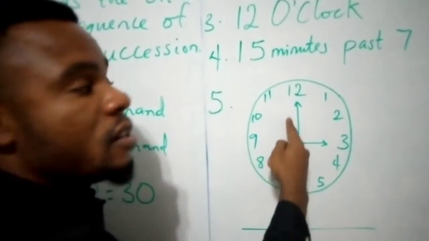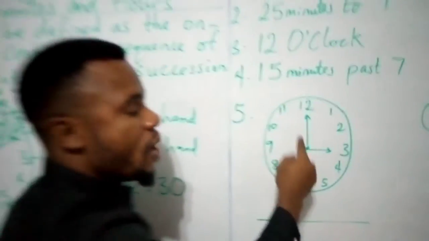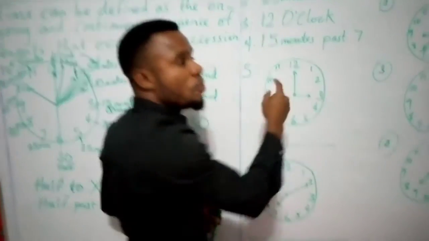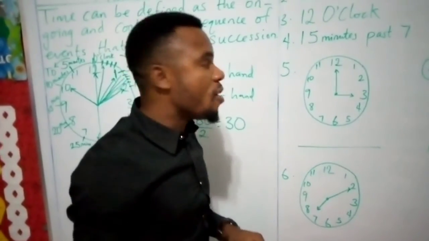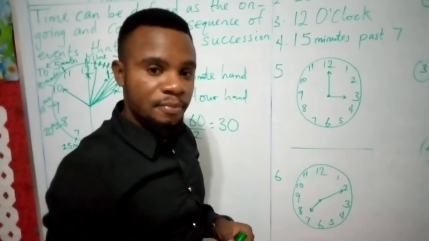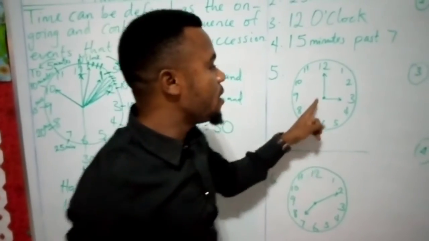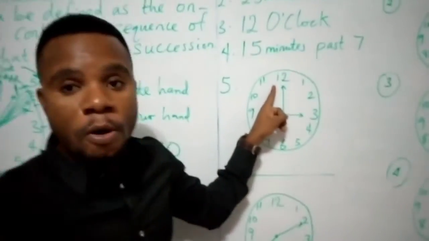So the long end here is pointing out where? 12. Good. So whenever minute end points at 12, what is it? You say 60 minutes or you say what? O'clock. Good. We said whenever minute end points at 12 is o'clock.